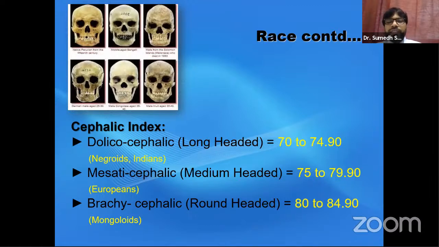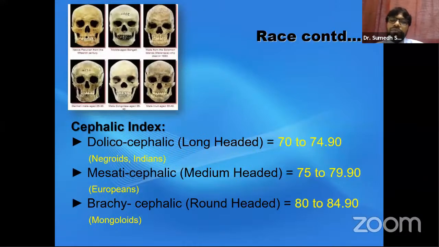The index is the ratio of the breadth of the skull to its length. The length is calculated to the vertex, and from two parietal eminences, that would be the breadth. On that basis, the cephalic index can be calculated.